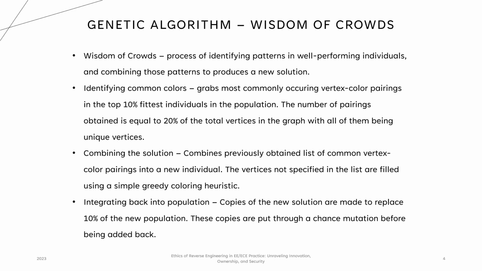And then to integrate that new solution back into the population, enough copies are made to replace 10% of the population, and then those copies are put through a chance of mutation before being added back. This is to add a little bit of diversity so that the same individual isn't copied and added back, replacing 10% of the population. It preserves diversity.